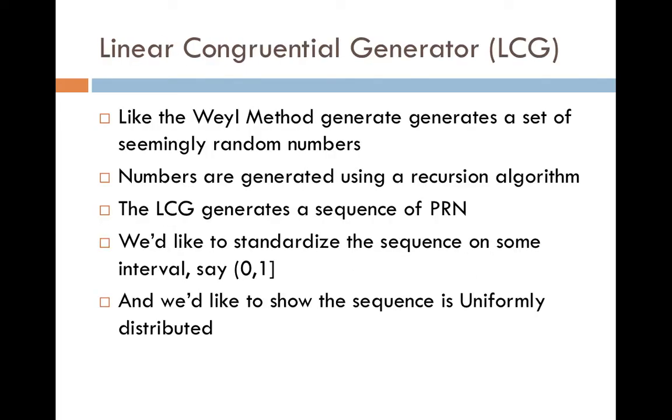But this week, I'm going to talk about linear congruential generators. So it's a little bit different method, but like the middle square method, they generate seemingly random numbers, so more pseudo-random number generation. Instead of using a middle square method, we're going to use a recursion algorithm, and hopefully we'll get some pseudo-random numbers. But like the middle square method, we kind of want to standardize the output of the sequence that we get.